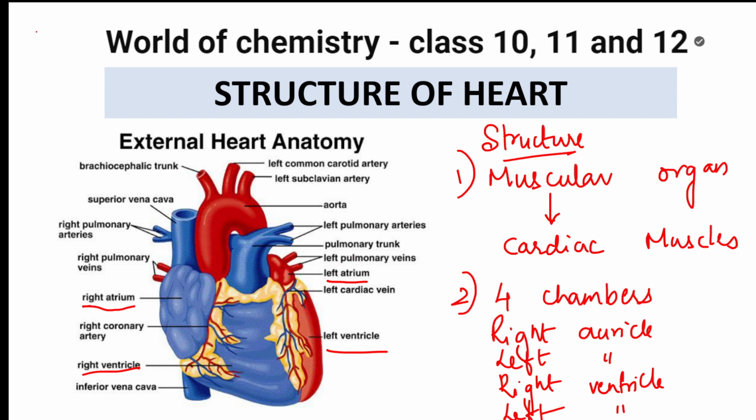The function of the heart in one line is pumping of blood. The heart pumps blood to the different organs, and from there it also collects blood. This pumping of blood occurs in two ways, two movements rather. One is systolic movement, one is diastolic movement.